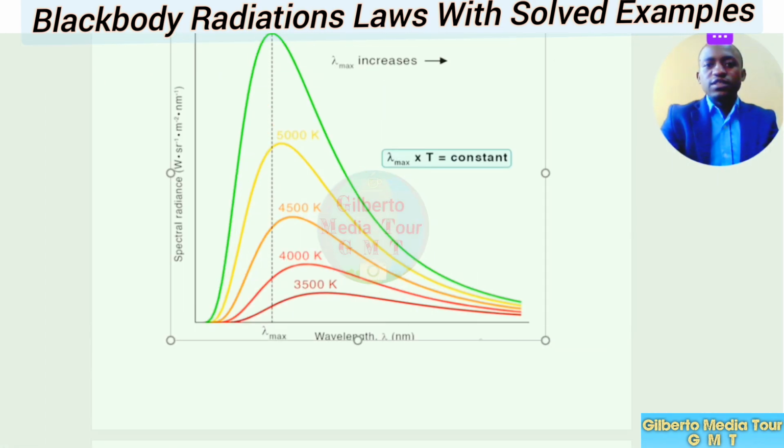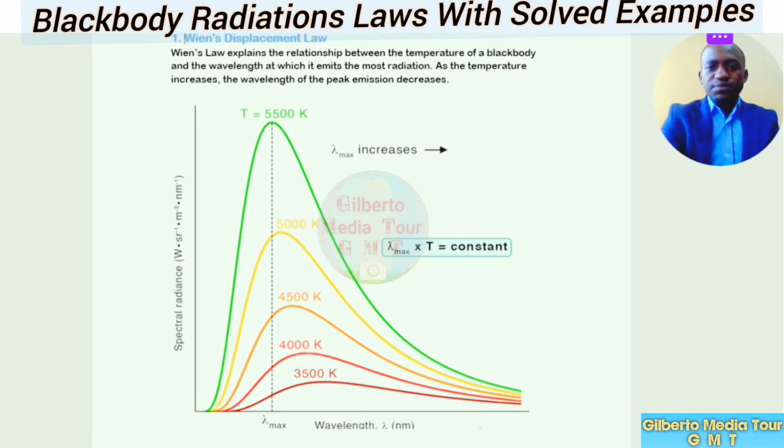This curve is related to Blackbody. As we see, this diagram shows the body emitting at different temperatures, here from 3500 Kelvin up to 5500 Kelvin. Let's take for instance this green curve.